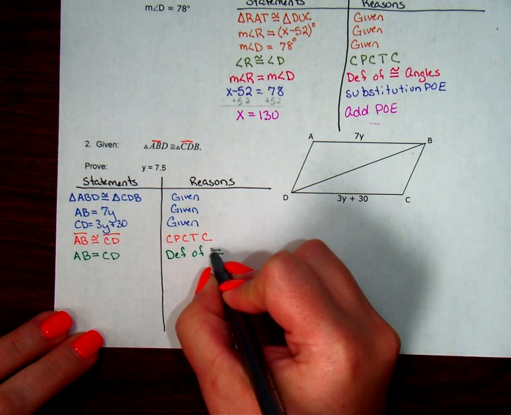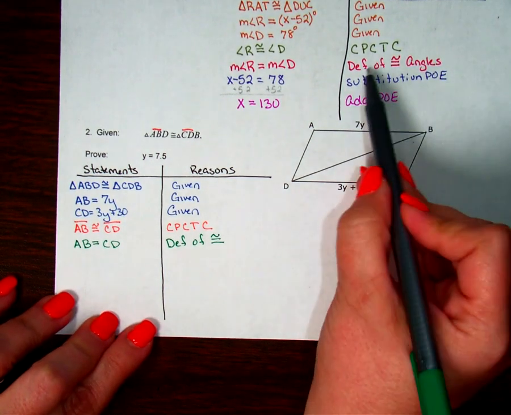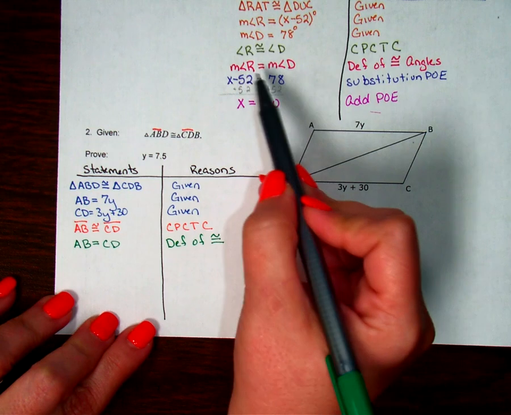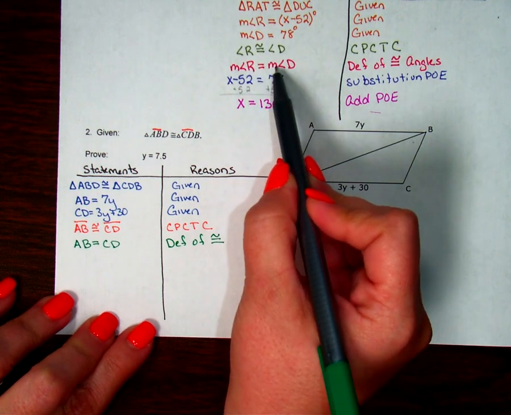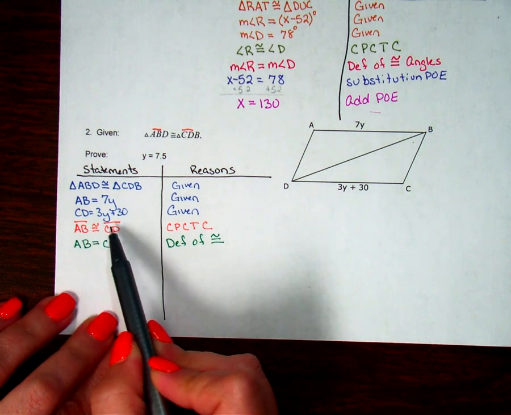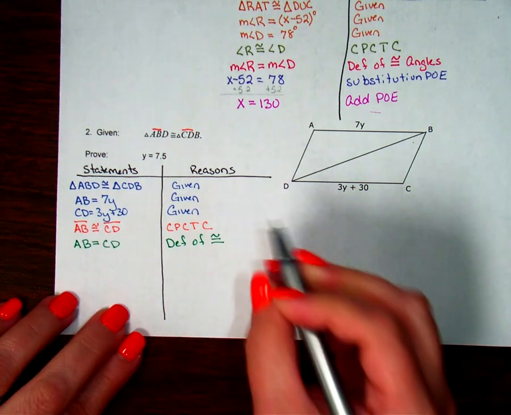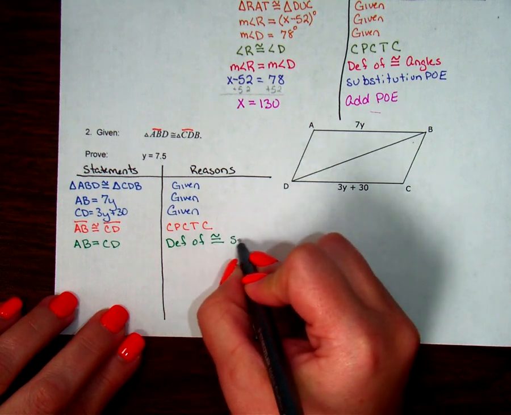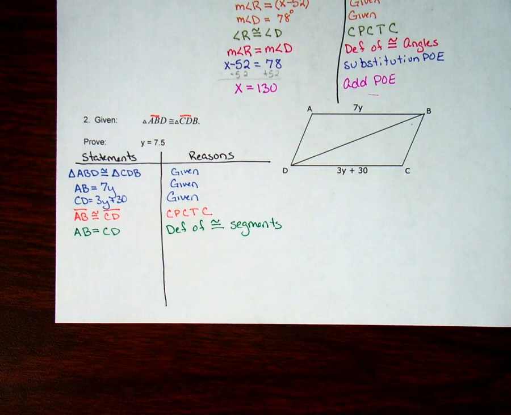Now, remember I said you have to determine what is congruent. Up here, I used the definition of congruent angles because we were looking at congruent angles becoming equal measures. Here I'm looking at congruent segments becoming equal lengths, so definition of congruent segments, because I'm working with segments. When you're working with angles, you use angles. When you're working with segments, you use segments.